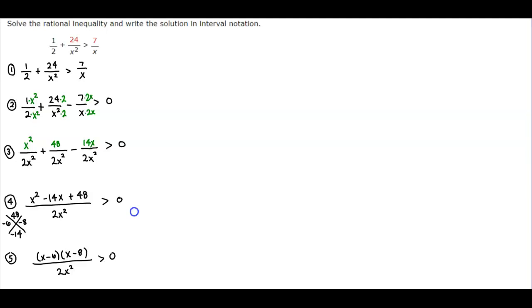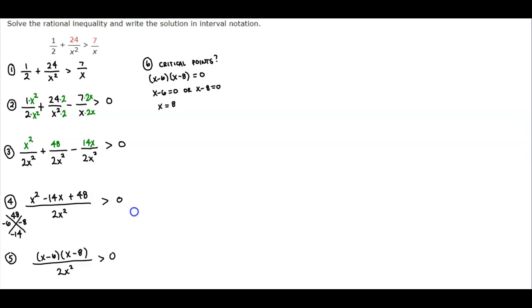So now we have our inequality factored into one term on the left-hand side and 0 on the right-hand side. And now we can determine our critical points. In the numerator, we have x minus 6 times x minus 8, and we set that equal to 0. So x minus 6 is equal to 0, or x minus 8 is equal to 0.